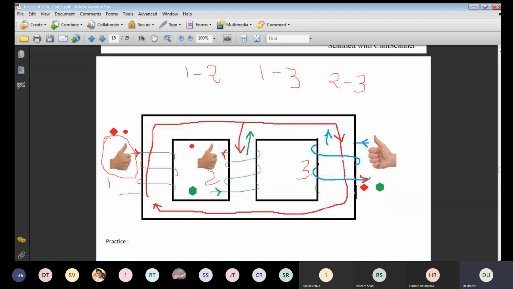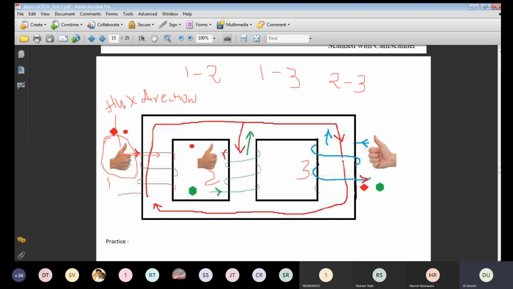Now we can see here, this is the right hand, with the thumb which shows the direction of flux. This thumb shows the direction of flux. And these fingers, first, second, third, all show the direction of winding.